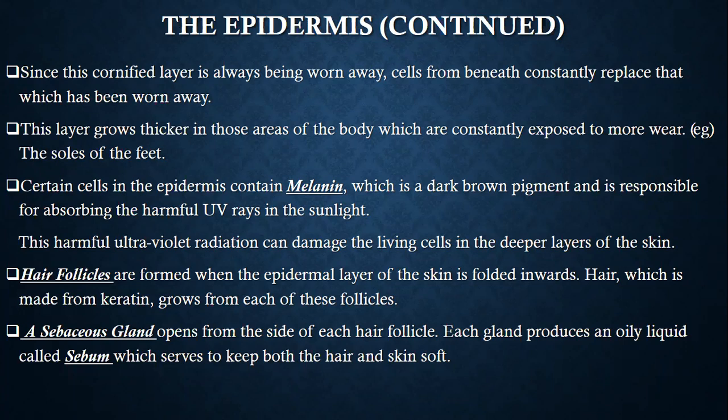In the epidermal part of your skin, you contain melanin, which is basically the pigment that is responsible for absorbing harmful UV rays in the sunlight. Without that, your cells will be damaged, and the radiation will injure the deeper layers of the skin.